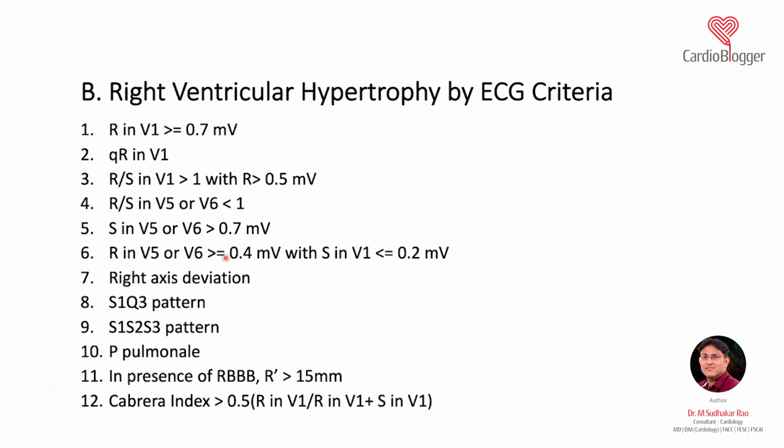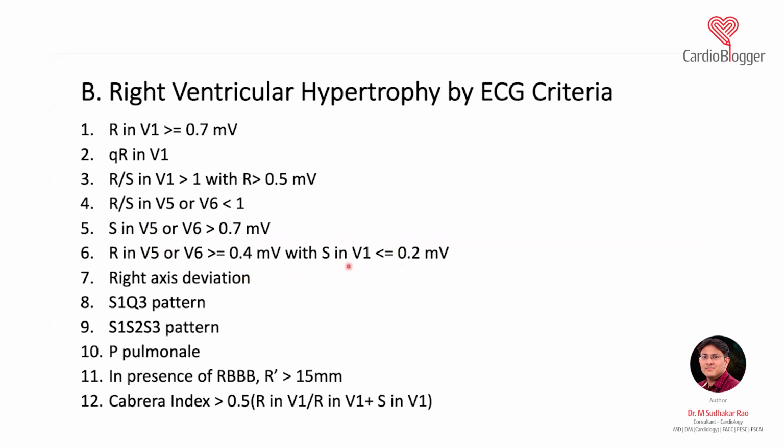Or if your R in V5 or V6 is more than 0.4 mV, meaning 4 mm, with S in V1 less than 2 mm, again it is a form of right ventricular hypertrophy.